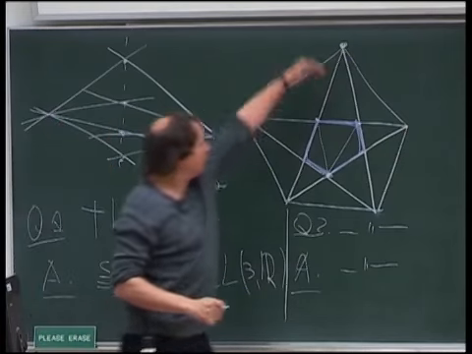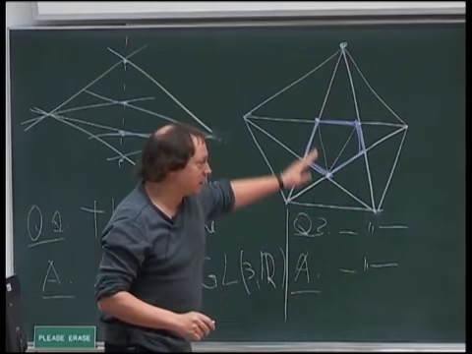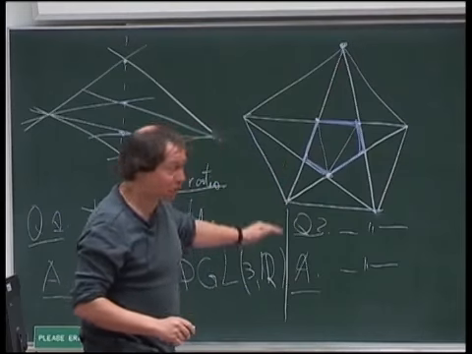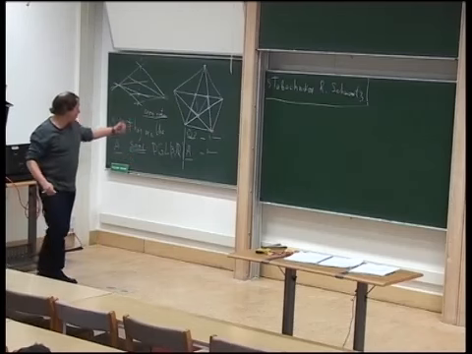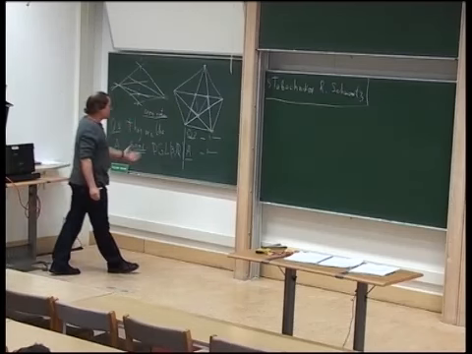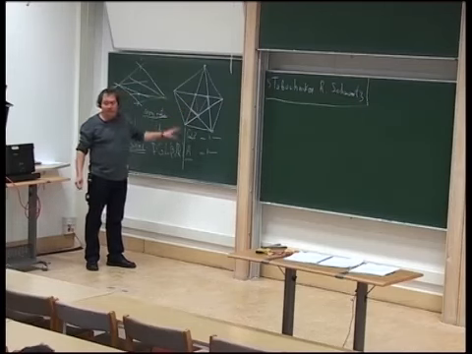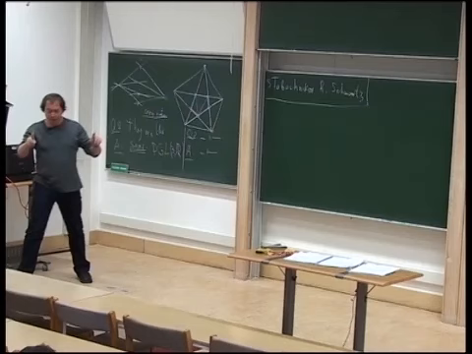Well, this is almost the complete proof, and an exercise to everybody to make this a precise proof. So this means that the pentagon inside is equivalent to the exterior pentagon.